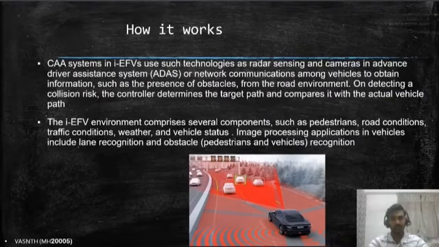IEFVs use technologies such as radar sensing and cameras in advanced driver assistance systems, or network communication among vehicles, to obtain information such as the presence of obstacles from the road environment. On detecting a collision risk, the controller determines the target path and compares it with the actual vehicle path.